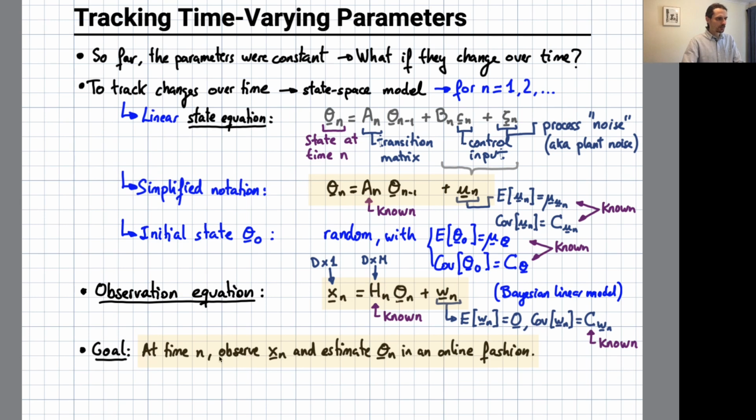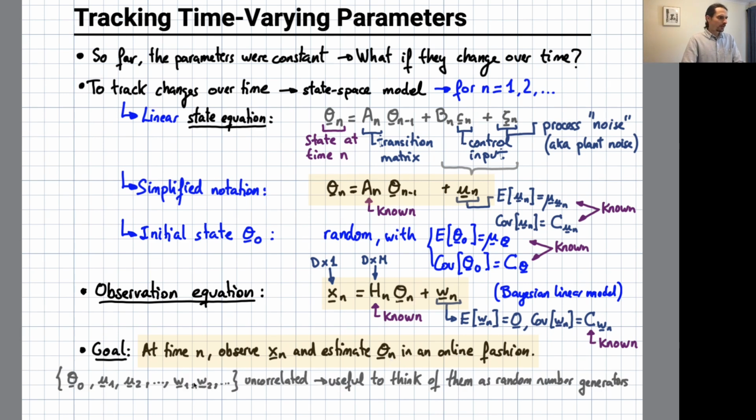At time n, we observe xn, and our goal is to estimate theta n, but in an online fashion. That means, as we discussed earlier, bounded memory and bounded computational complexity per iteration.